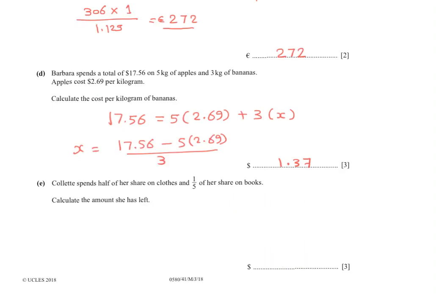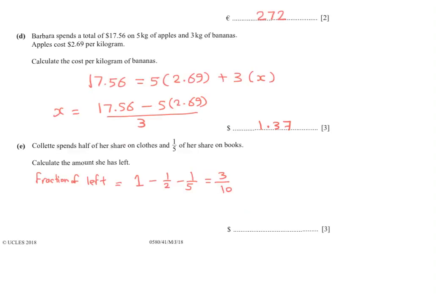Colette spends half of her share on clothes and 1 over 5 of her share on books. Calculate the amount she has left. She spent half and 1 over 5, so what is the fraction of the money left? 1 minus half minus 1 over 5 equals 3 over 10.